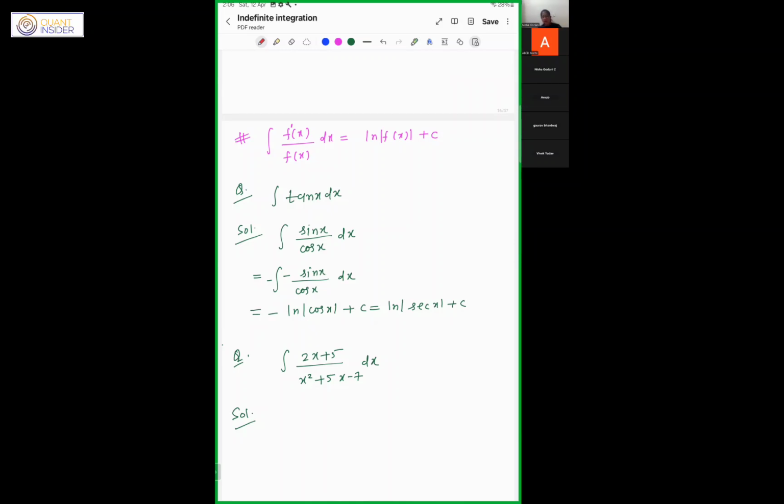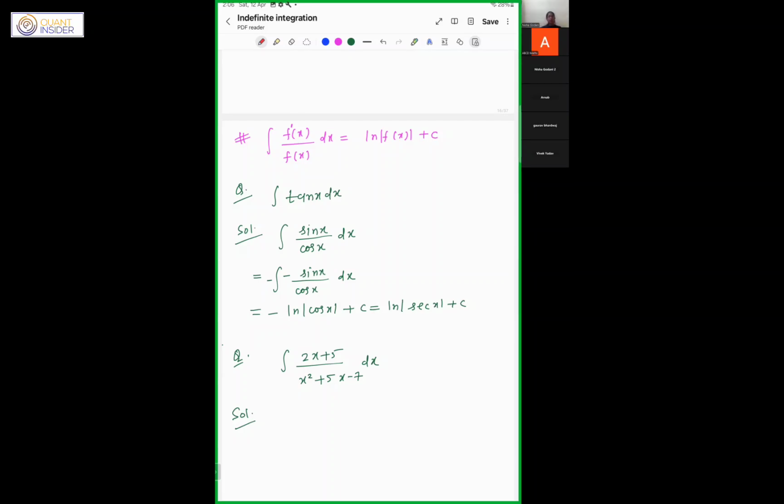Now there is one most important formula, and this formula is used in many places. In many branches of mathematics, you will see that this formula is used. So according to this, the integration of f dash x upon fx means if you have a function in the denominator such that its derivative is present in the numerator.